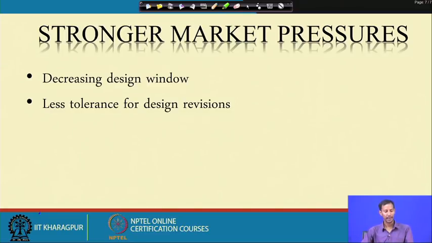The second point is that there is less tolerance for design revision. Whenever you are building an IC, it is associated with so much cost.